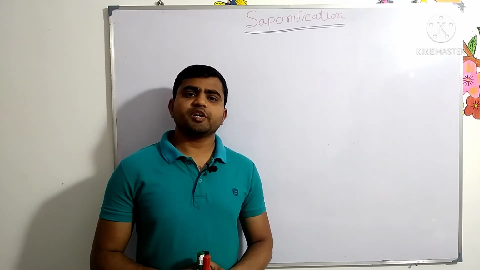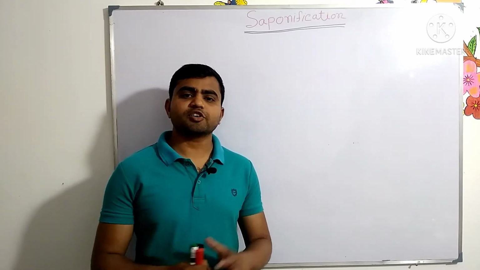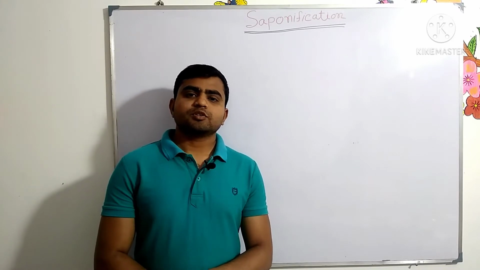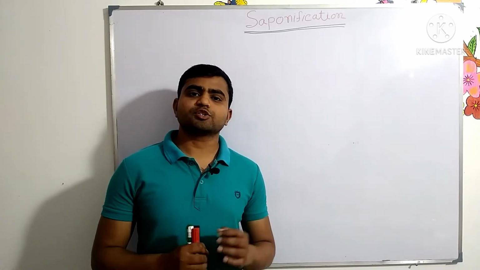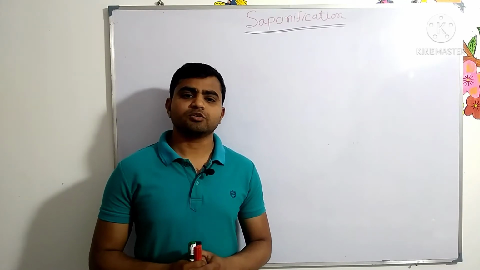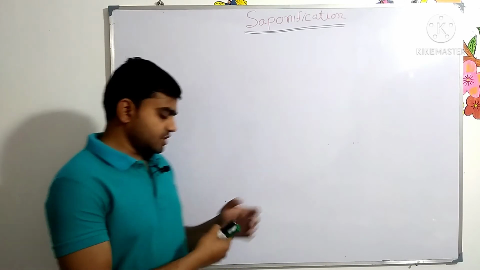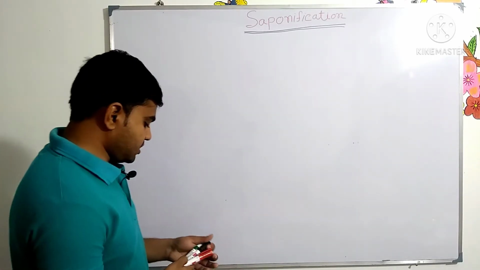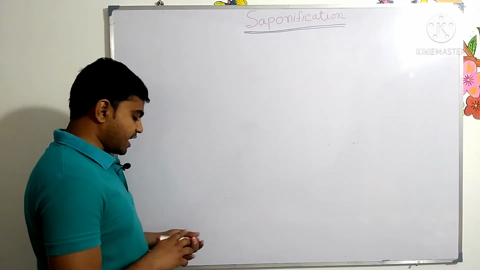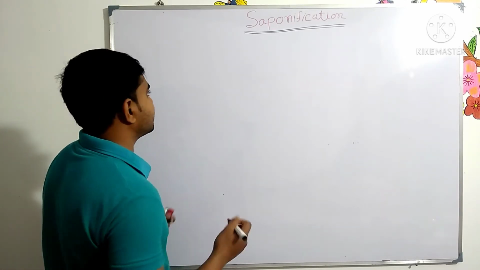This tripalmitin, with the help of sodium hydroxide, produces 3 molecules of sodium salts or common soap and 1 molecule of glycerol. So I will show the reaction. At first I have to write the structure of tripalmitin.